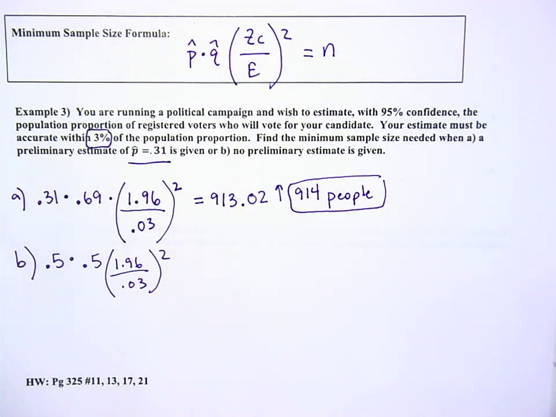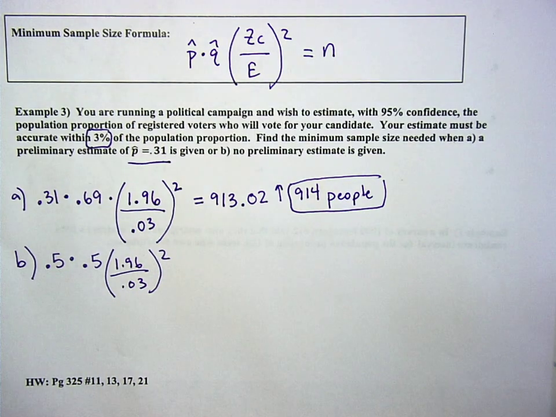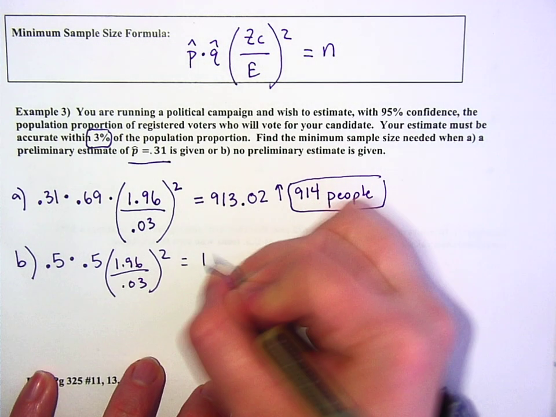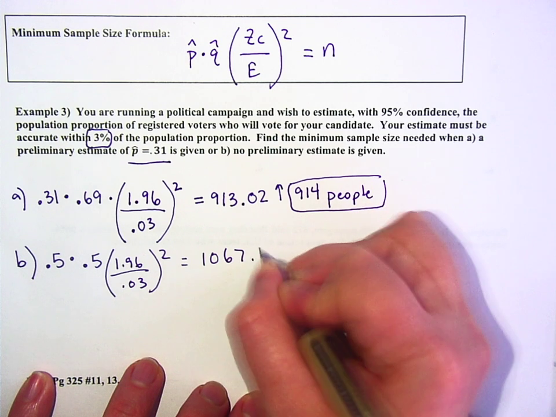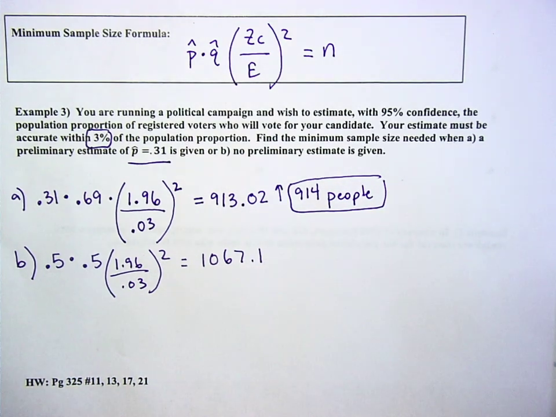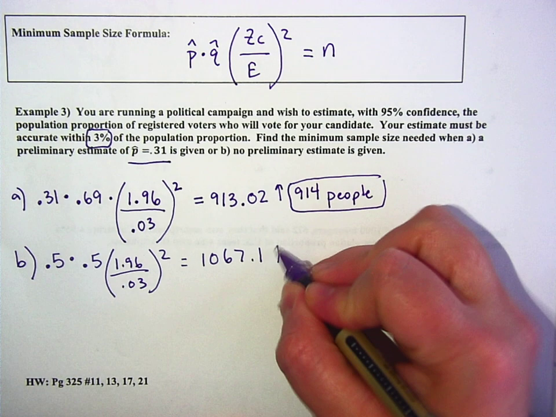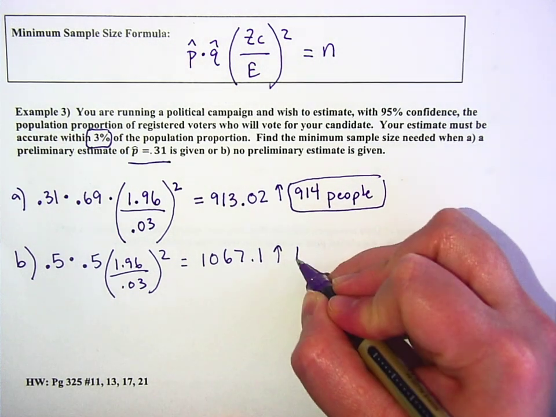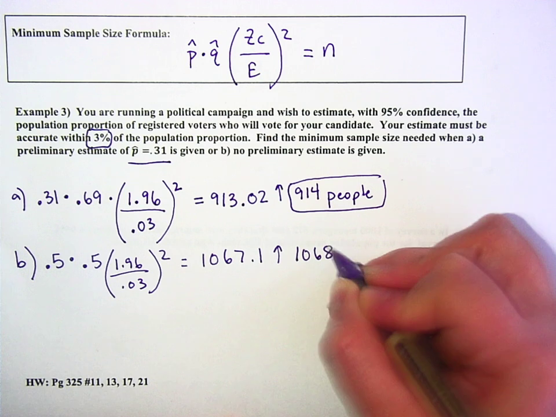If you want to, you can just hit second enter and pull back the exact same thing and then just turn 0.31 into 0.5 and 0.69 also into 0.5. So you round it up from 1,067.1111 to 1,068.